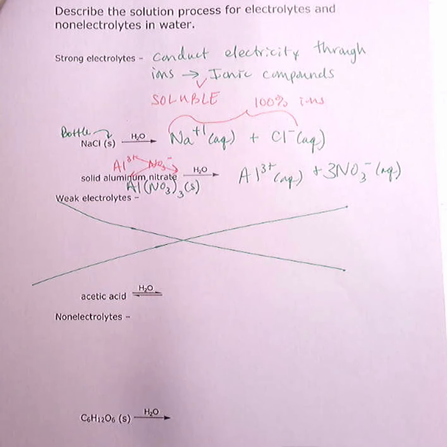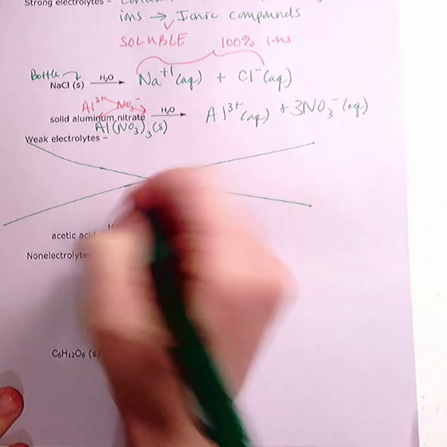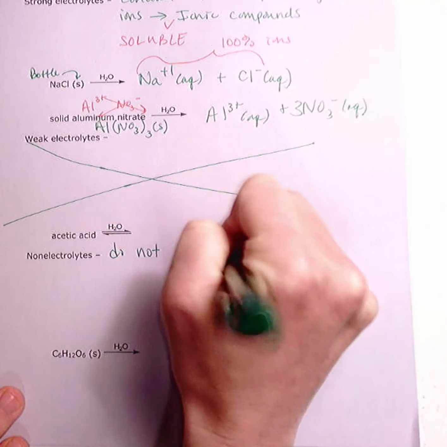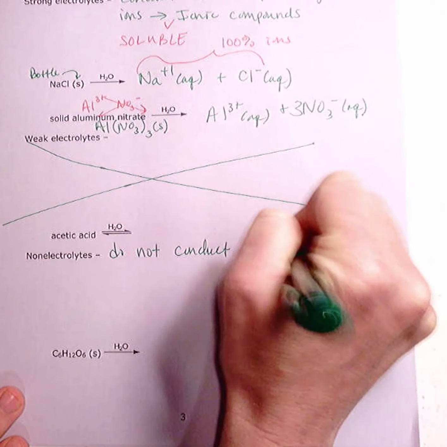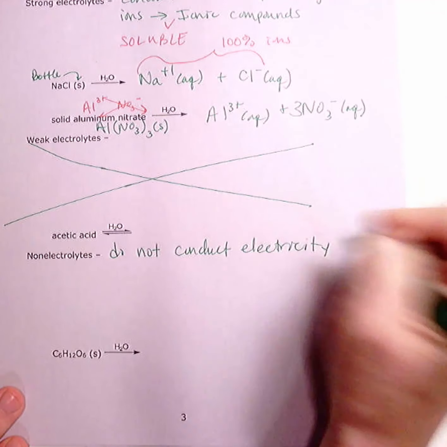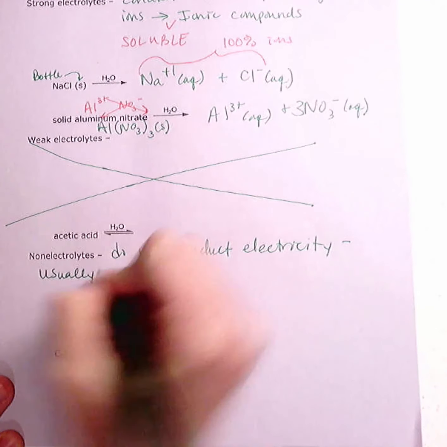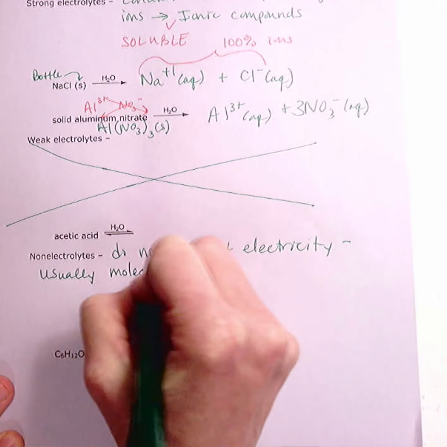Okay, so we learned what a strong electrolyte is. Now, the opposite of a strong electrolyte would be a non-electrolyte. Non-electrolytes do not conduct electricity. They are usually molecular solids.